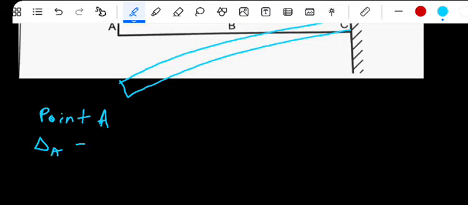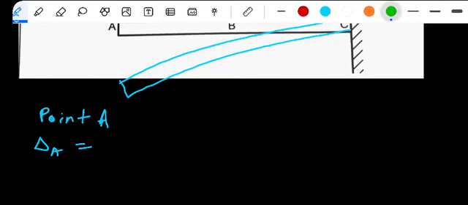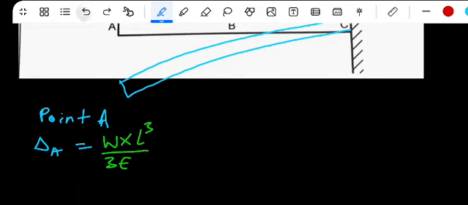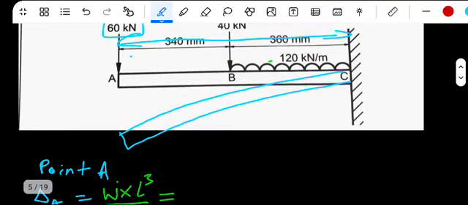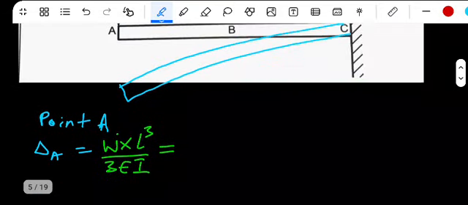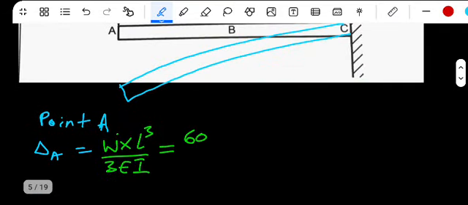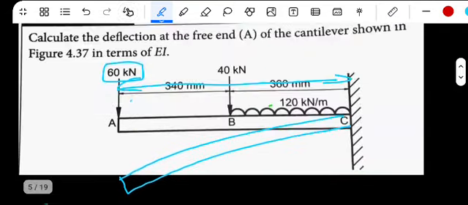That A, we know that it's a point load. What is the formula? I know it will be W multiplied by length raised to the power of 3, divided by 3EI, with I the moment of inertia. All right, we'll have this. So at point A we have 60 kilonewton, so this will be 60 times the length, which is the blue one.